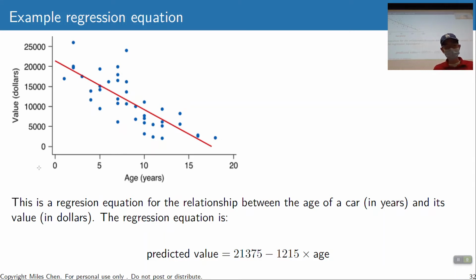So x is the age of the vehicle in years, and y is its value. Apparently, they gathered some data, and what we find is that overall there's a negative relationship. Cars that are 15 years old tend to have lower values than cars that are 0 or 1 year old.